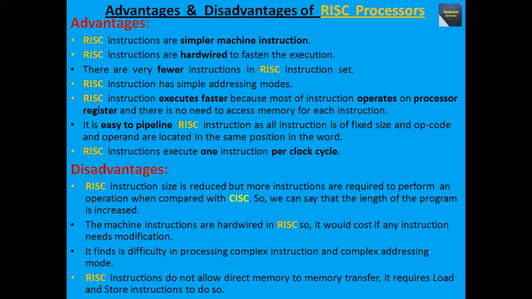And what are the disadvantages? RISC instruction size is reduced, but more instructions are required to perform an operation when compared with CISC. So we can say that the length of the program is increased. The machine instructions are hardwired in RISC, so it would cost if an instruction needs modification.